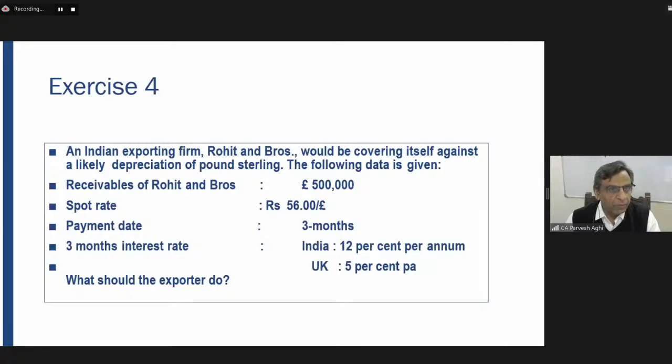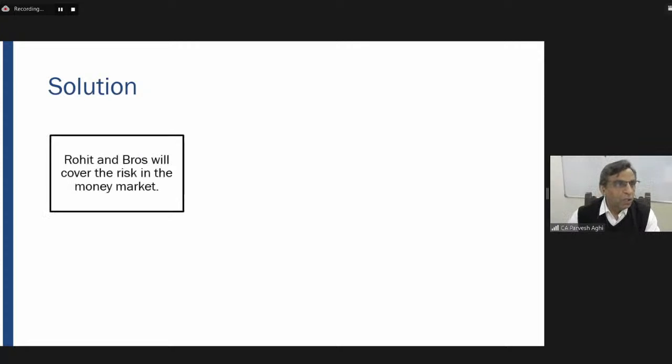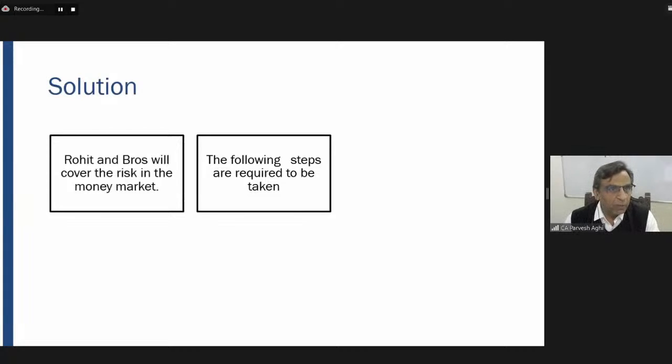With whatever information is given, and since we are learning the topic of hedging techniques, we'll use that. So let's understand how it happens. Rohit and Brothers will cover the risk in the money market. The following steps are required to be taken.